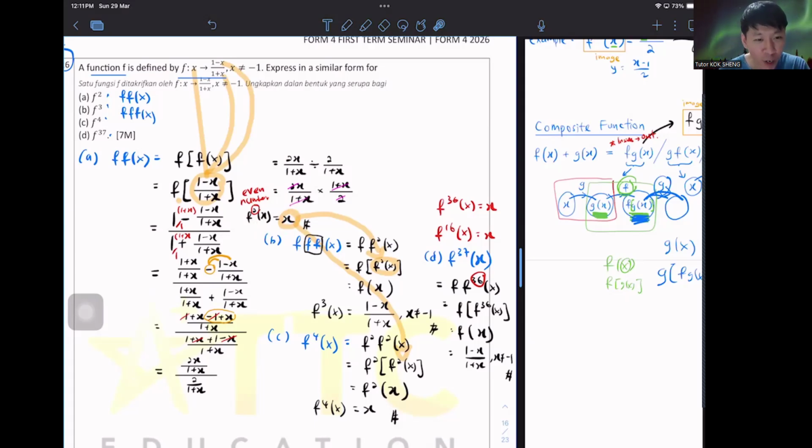Don't assume that if this one even number is X, then F to the power of an odd number is this one. Not really, actually. Only X has this benefit. The rest of the answers, no. Only X. That's why if you're able to find X for your composite, even though they make the power bigger, you should be able to solve it.